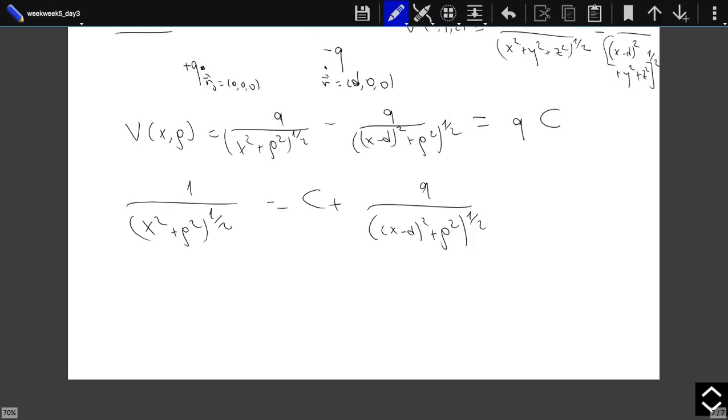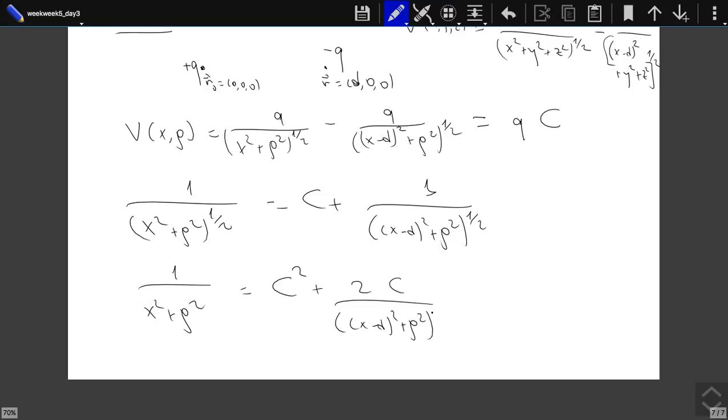Squaring, 1 over x squared plus rho squared should be equal to c squared plus twice c over the square root of (x minus d) squared plus rho squared, plus 1 over (x minus d) squared plus rho squared.